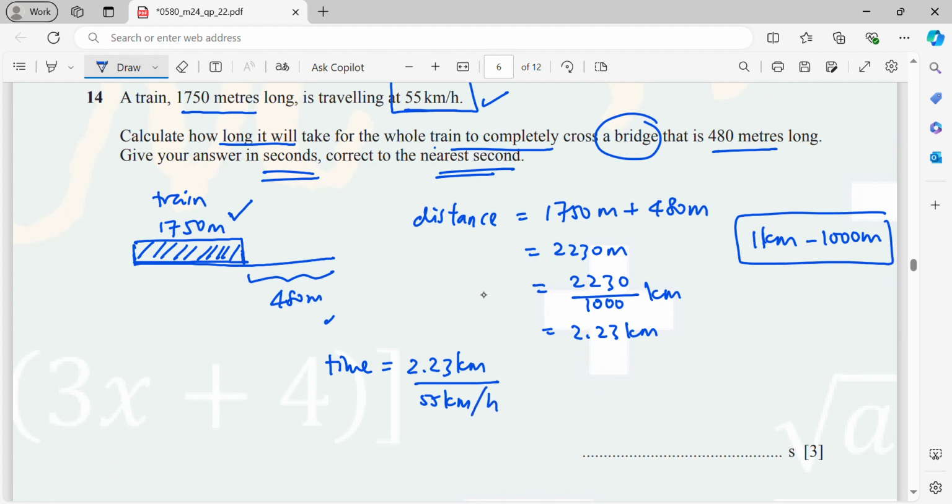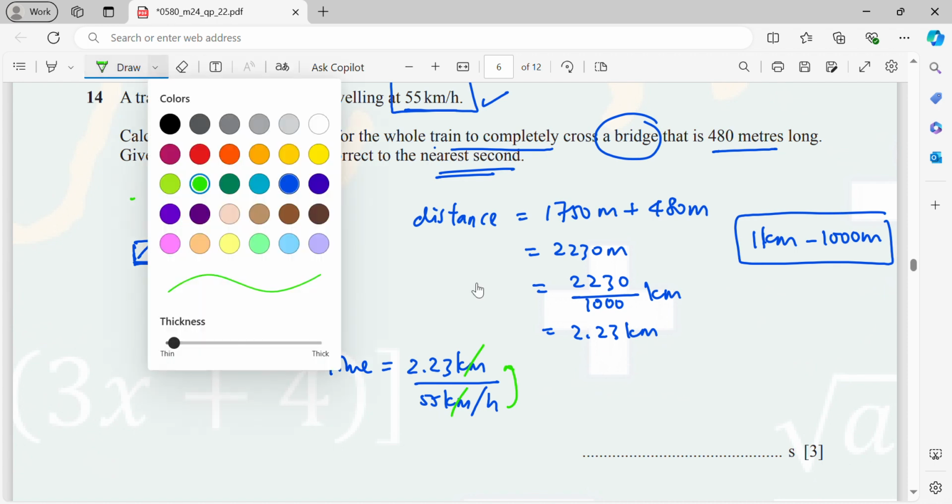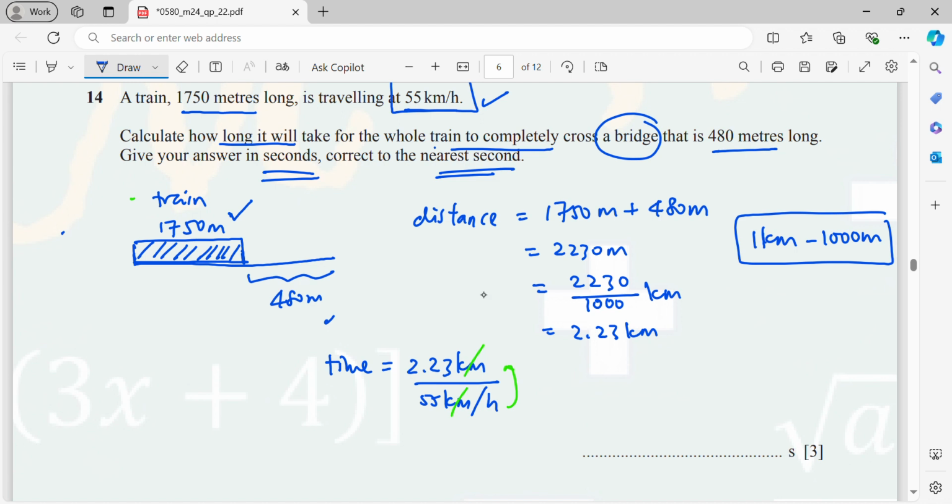Okay, so when you look at the units here, the kilometer will be cancelled off, then the per hour will be moved up, because it is in the denominator, right? So therefore you will be getting 0.0405454 hour.